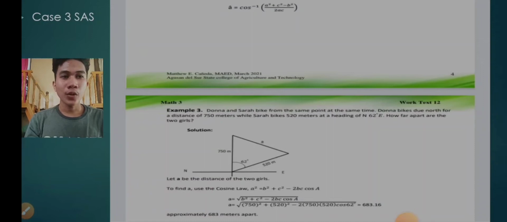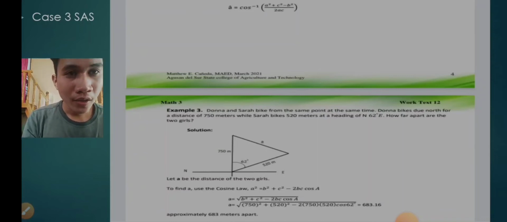Donna bikes due north for a distance of 750 meters, while Sarah bikes 520 meters at a heading of north 62 degrees east. How far apart are the two girls?